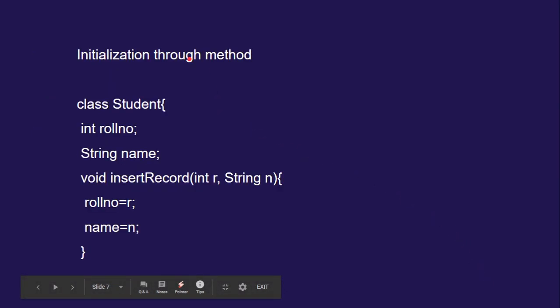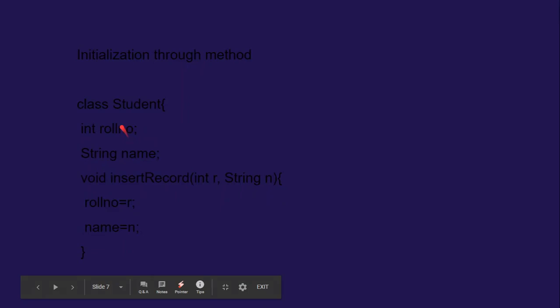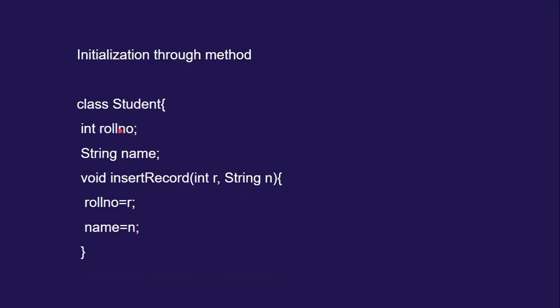Next is how to do it through a method. We have seen that a method is a function. So here class Student, the same class is defined, with int rollno and String name. Two variables, two data members for this class Student. Now we are going to initialize the values for the data of the class, the members of the class, using a method.